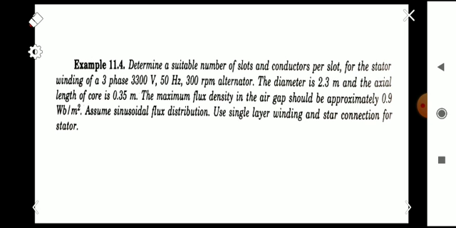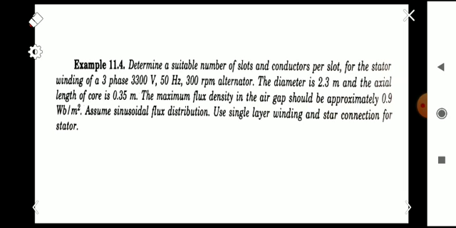The first problem is to determine a suitable number of slots and conductors per slot for the stator winding of a 3-phase, 3300 volt, 50 Hz, 300 rpm alternator. The diameter is 2.3 meter and the axial length of the core is 0.35 meter. The maximum flux density in the air gap should be approximately 0.9 Weber per meter square.